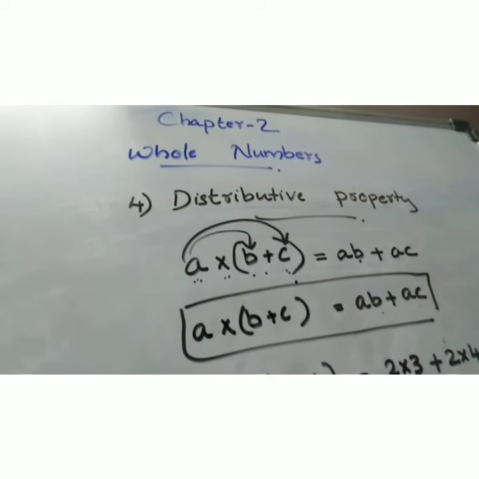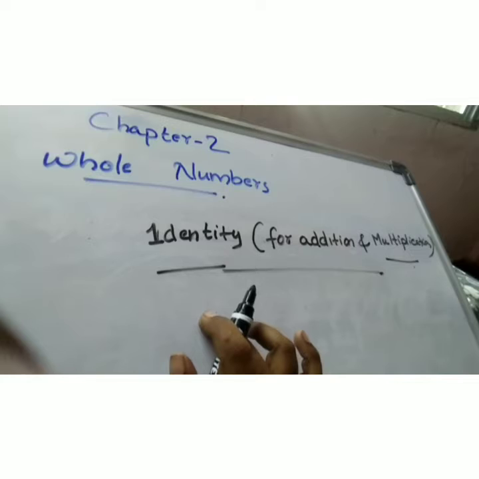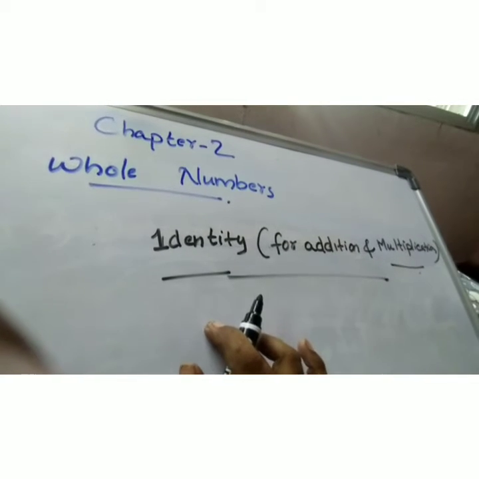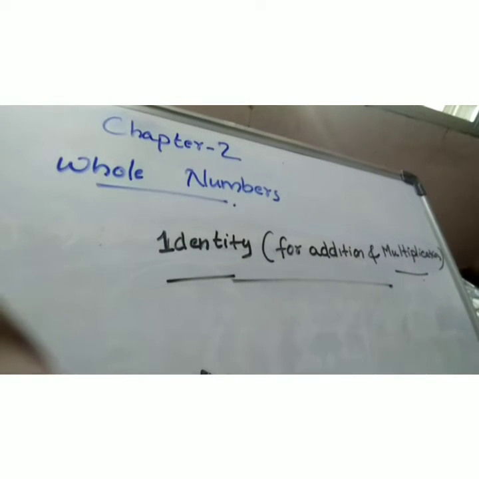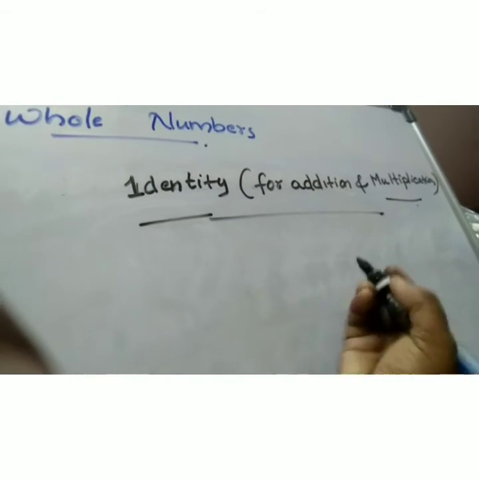Okay. Next property is known as identity. Identity property. When you add 0 to any whole number, you get the same whole number again.